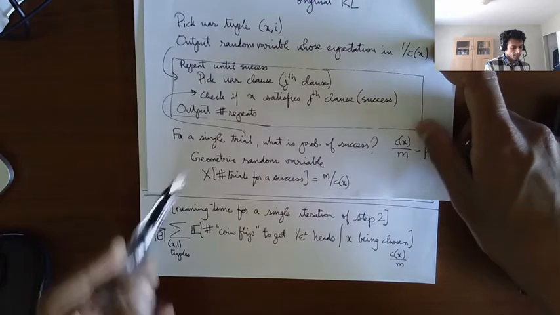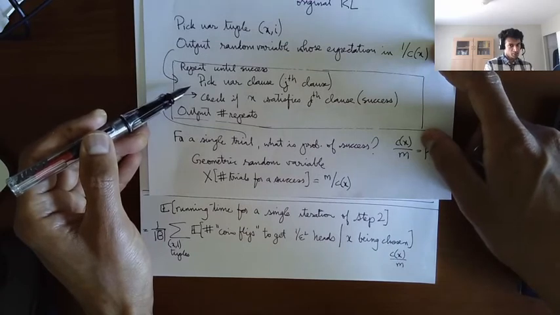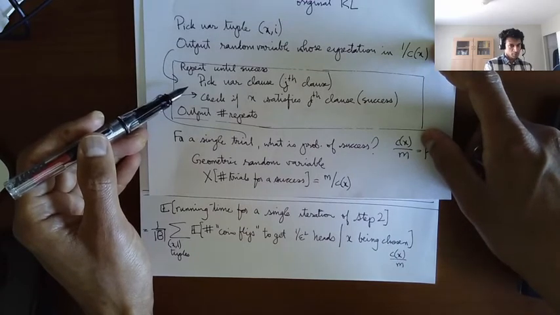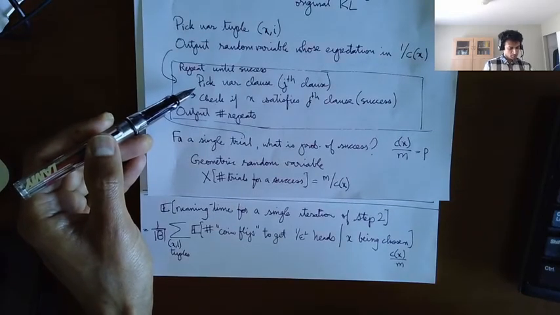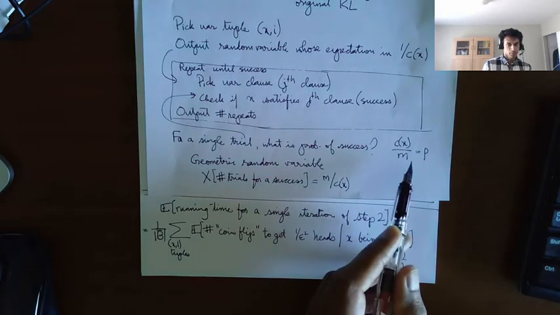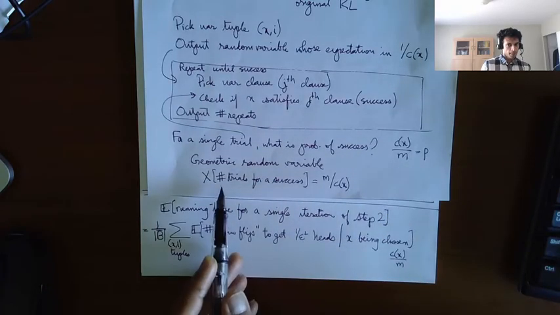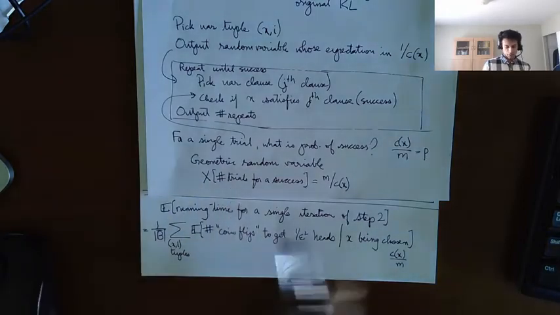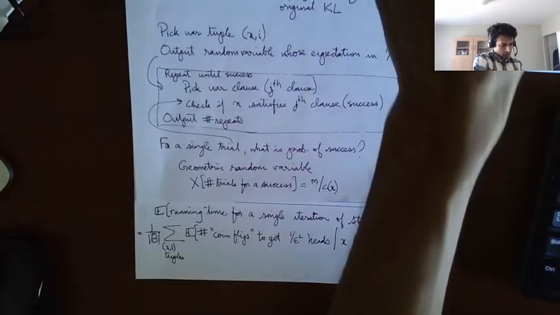So the probability of a single success is c of x over m. The expected number of trials for a single success, is it just m over c of x?